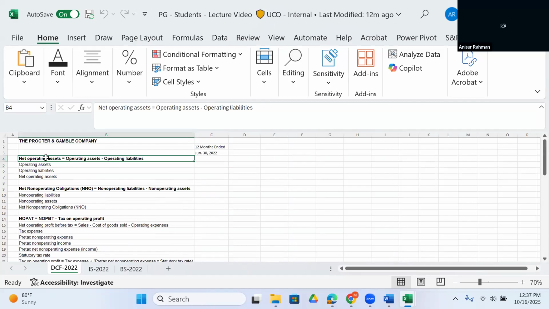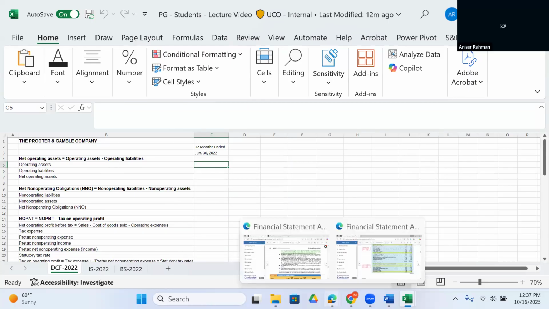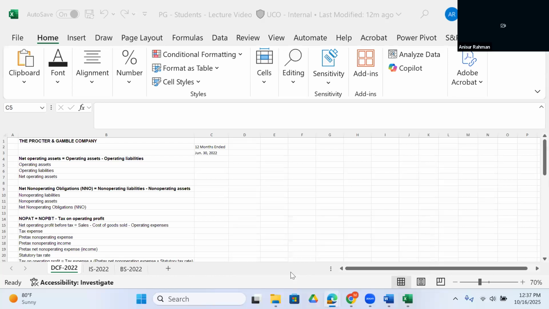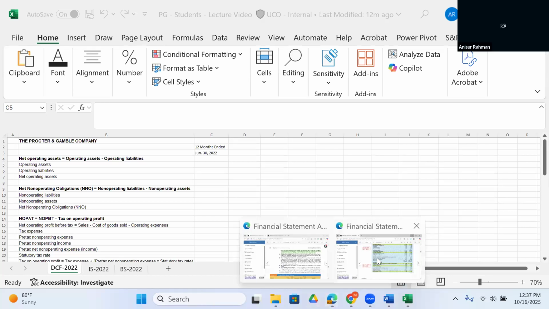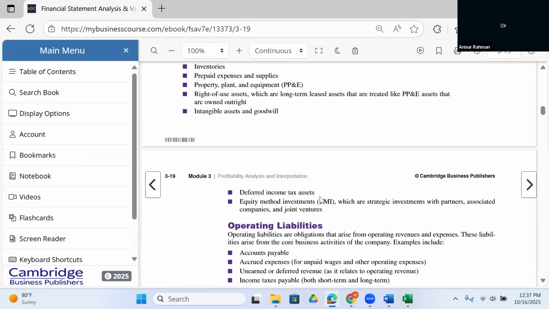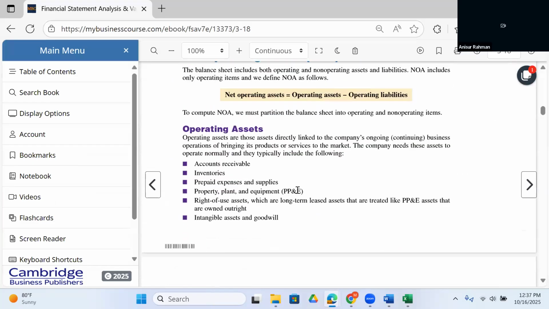So first task is net operating assets, which is operating assets minus operating liabilities. Here I will calculate operating assets. If you need to refresh your memory, I have the textbook open here. These are considered operating assets that are directly linked to the company's ongoing business operations.